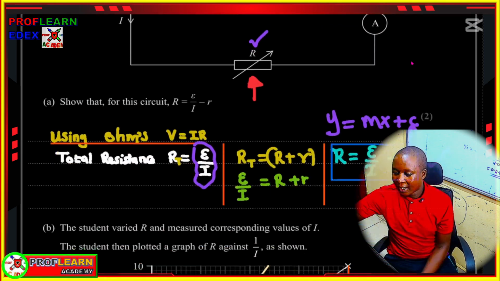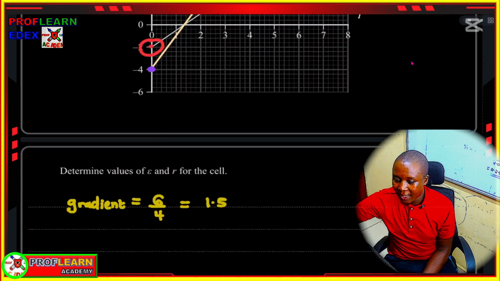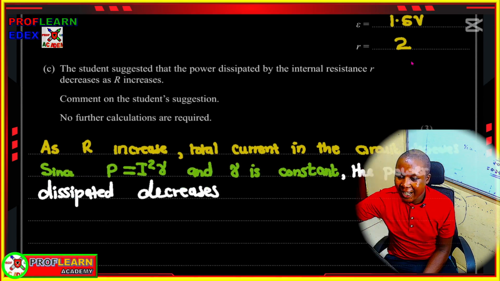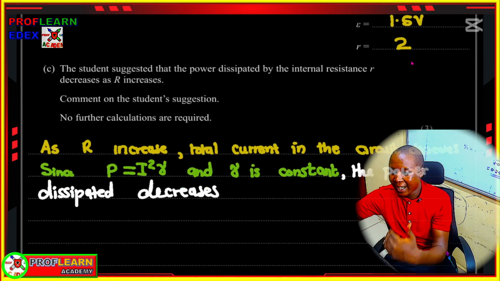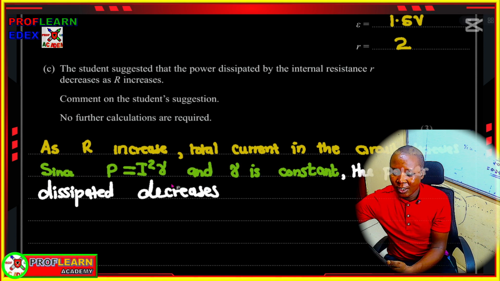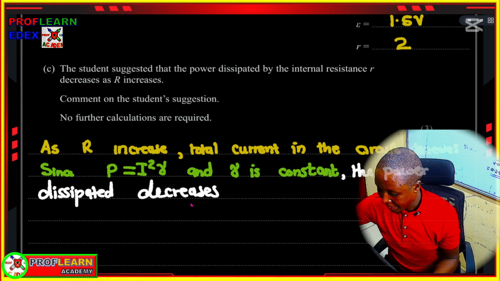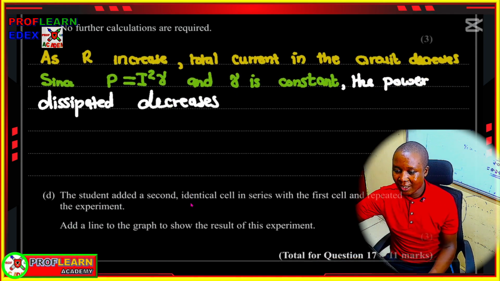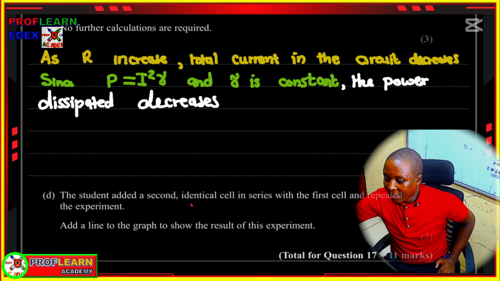So we were supposed to respond that as R increases, total current in the circuit decreases. Since power is equal to I squared R and R is constant, the power dissipated decreases.